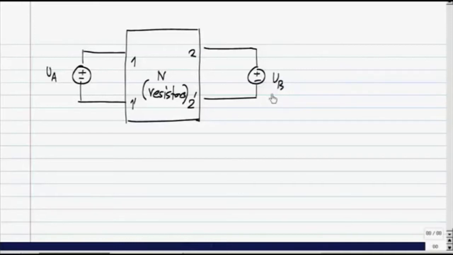The sources could be anything. It could be two current sources, two voltage sources, or one voltage and one current source. I am just showing the case of two voltage sources, and you have these currents IA and IB.